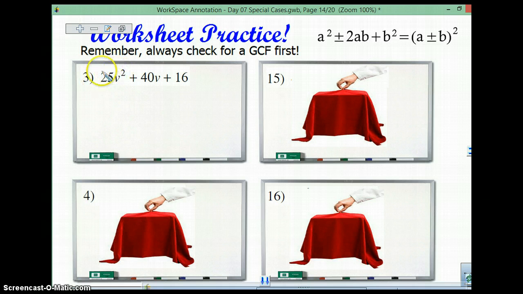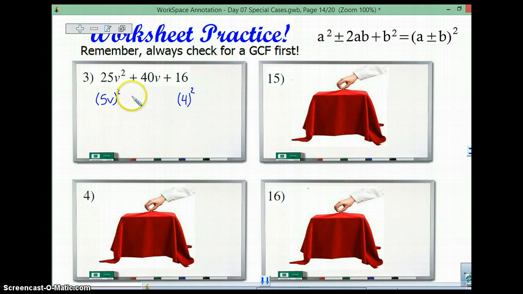We could rewrite this as 5v squared. We could rewrite the 16 as 4 squared. So that means our a is 5v and our b is 4. Now, a times b is 20v times 2 is 40v. Yes, this is 2ab.